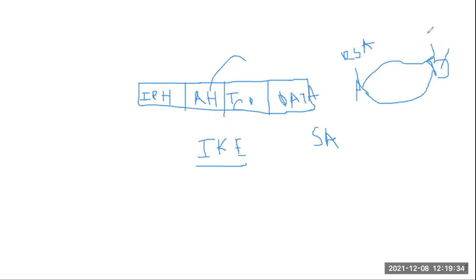It will negotiate. So in this secure channel they will negotiate which type of algorithms they will use, and both hosts will use the same cryptographic algorithm for the session.